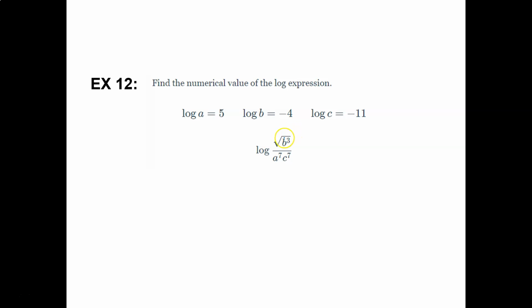Here is, well, the first thing that you're going to do is you got that division, so you're going to break it up with subtraction. So you'll have log of the square root of b to the third minus log of a to the 7th, c to the 7th. Now, the square root of b to the third, we're going to have to know how to do what Blaine was asking about on that question from the homework.